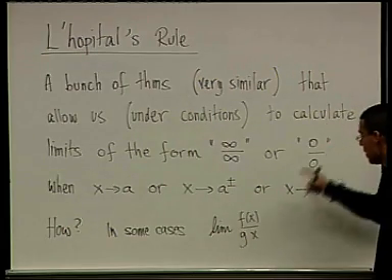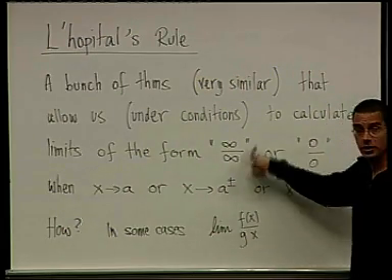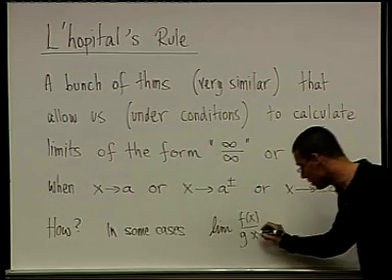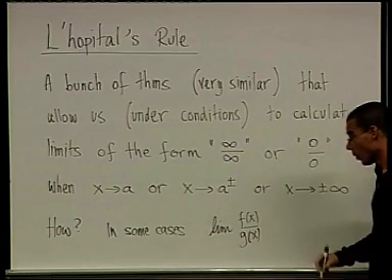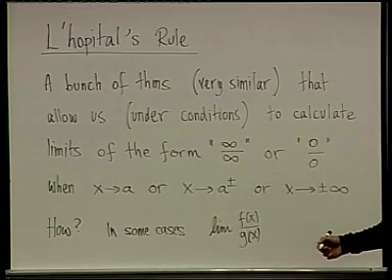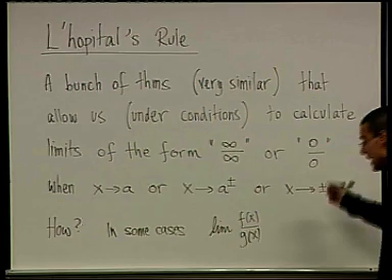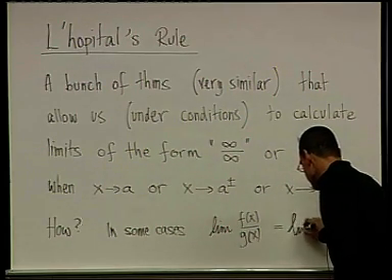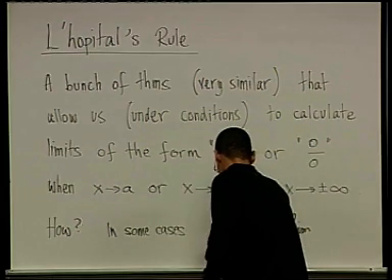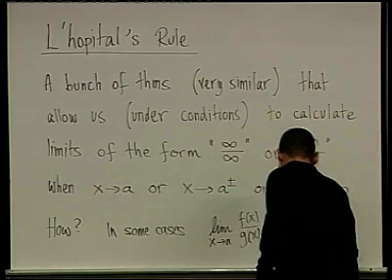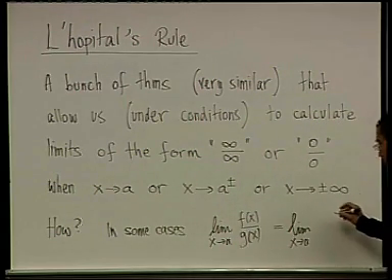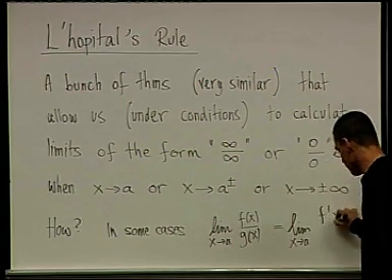It's a limit of the form 0 over 0 or infinity over infinity, meaning either both f and g go to 0 or both f and g go to infinity. In some cases, this limit, let's write x goes to a, equals the limit of the quotient of the derivatives.